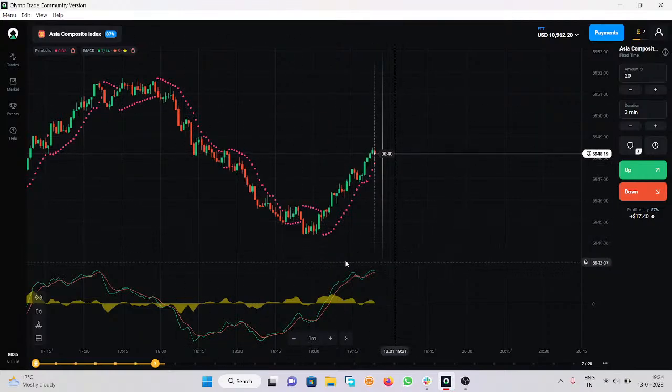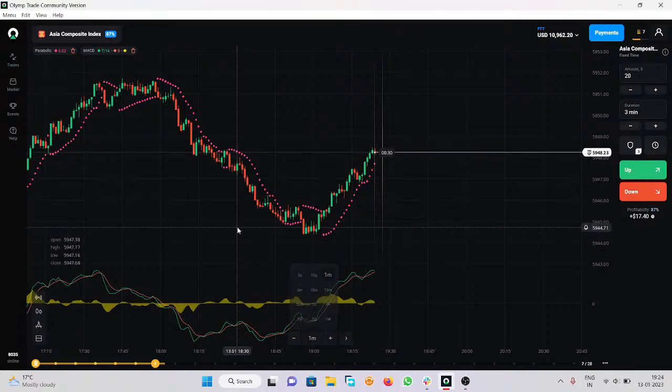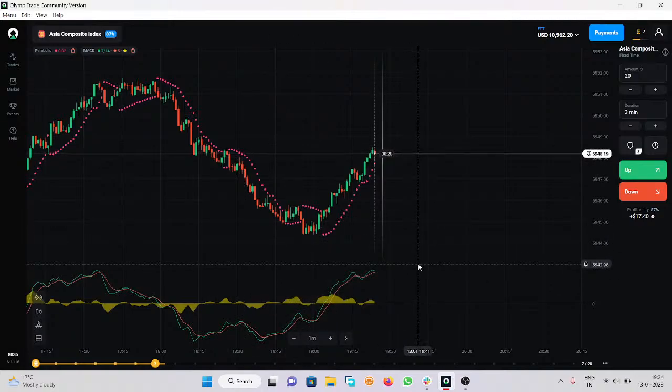Again I am repeating, with the strategy, if you are using Kind Martin or any strategy, whatever graph time you choose, you should open the trade with a minimum of 2 to 3 times higher than your graph time, or maximum 2 to 5 times, but the minimum is 2. If you are choosing a 1 minute graph time, then it is better to open the trade with 2 minutes. However, you can open the trade with a 1 minute time frame as well. I'm not saying that you should not open.